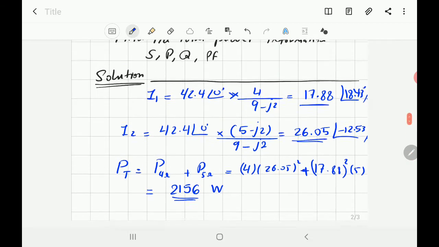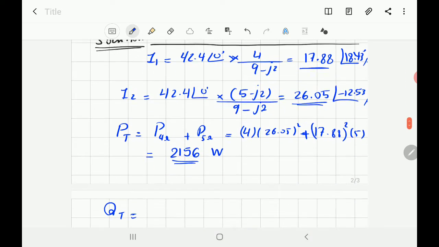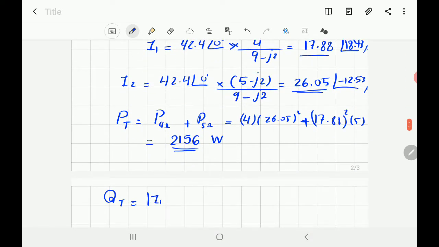Now I want to find Q total. Well, you don't have any reactive power except the one delivered to the capacitor. The current is I1, so I1 magnitude squared times XC. I1 magnitude is 17.88 squared times XC, which is equal to 2, the reactance of the capacitor.